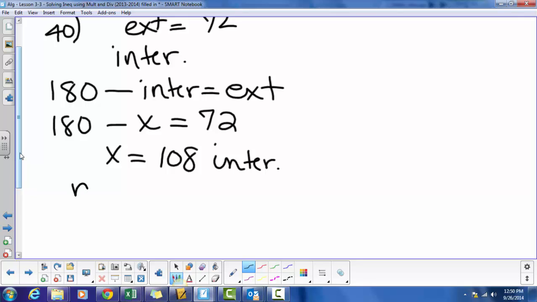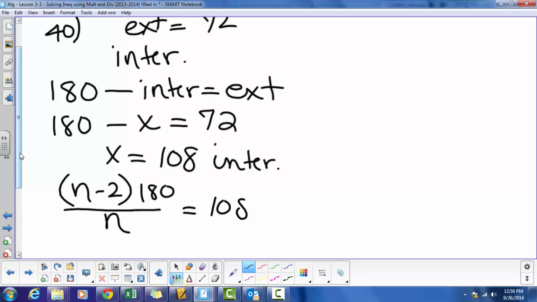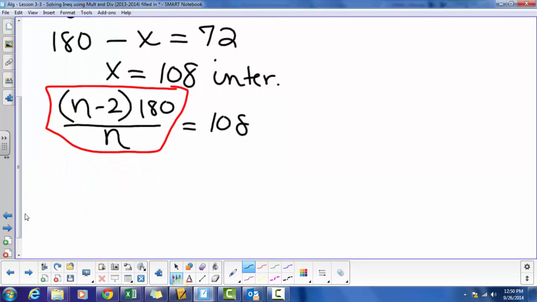So I have to figure out or solve for n. So I'm going to use (n minus 2) times 180 divided by n equals 108. This, the measure of the interior angle, which I just found, equals 108. So the first thing I need to do is multiply both sides by n.